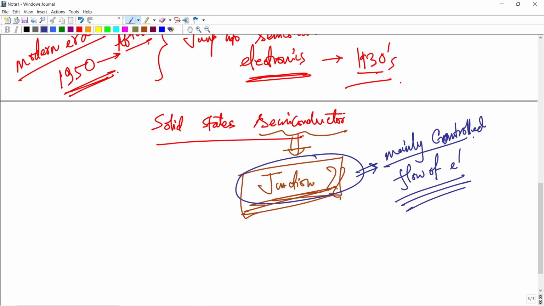This flow of electrons has another very important name, called carrier. So what is the main advantage of semiconductor devices?